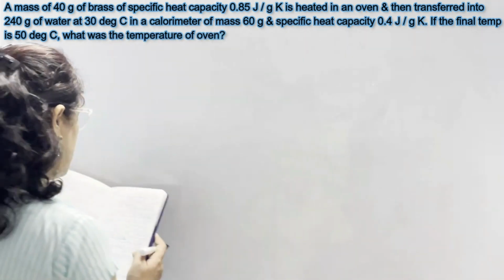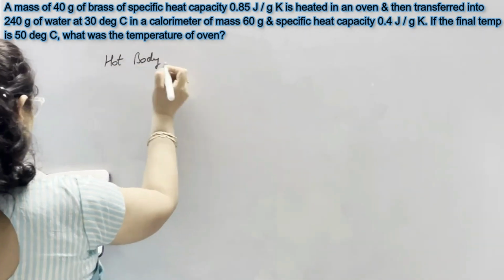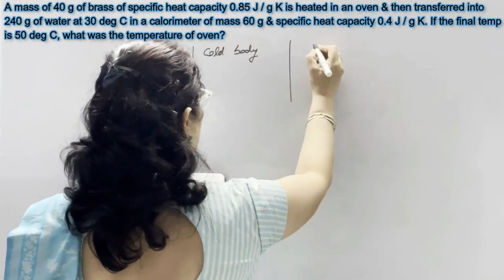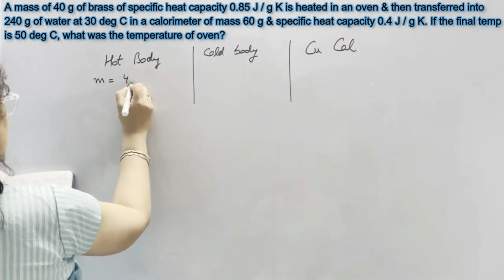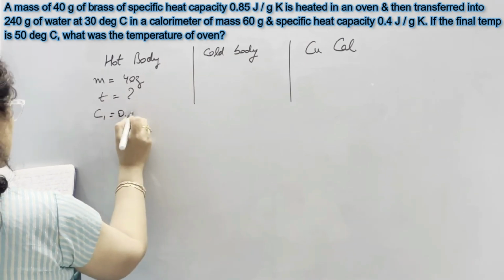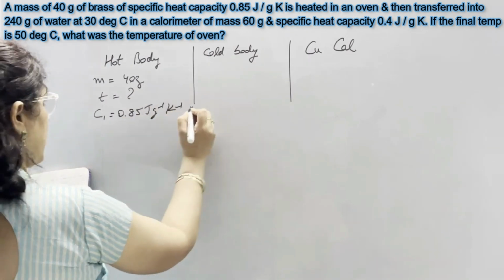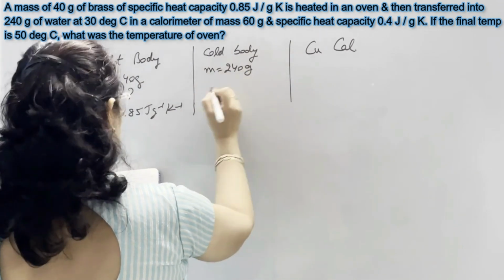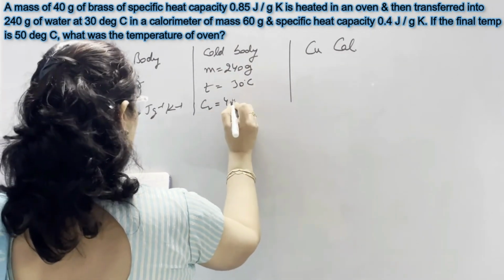So here we need to make 3 columns: one of hot body, next of cold body, and then copper calorimeter. Mass of hot body is given as 40 gram. Temperature we need to calculate. C1 is given as 0.85 joule per gram per Kelvin. For cold body, mass is given as 240 gram, temperature is given as 30 degrees Celsius and C is 4.2.